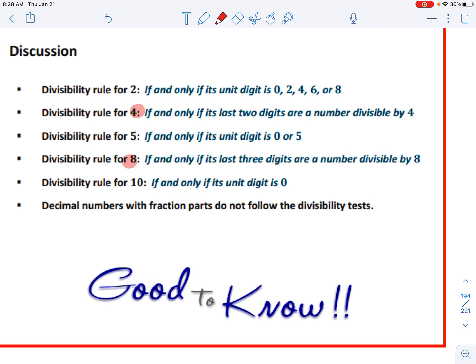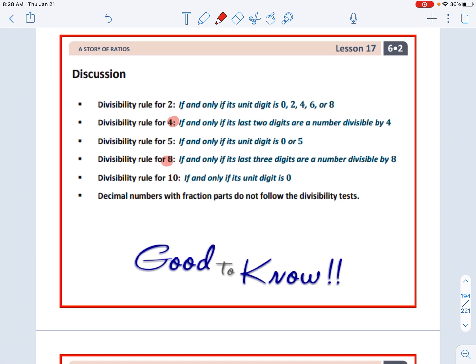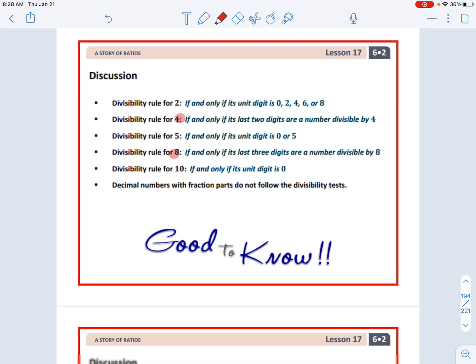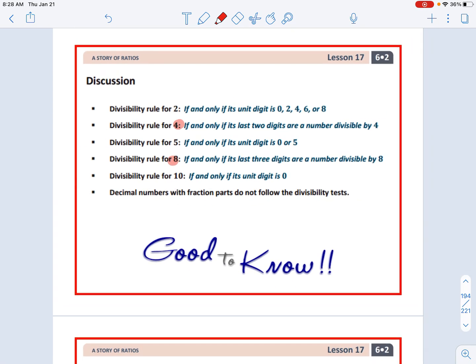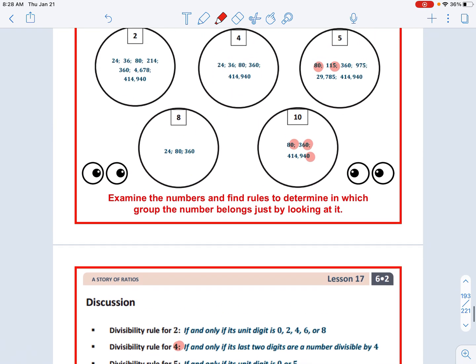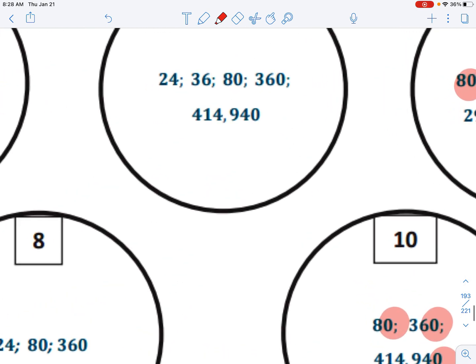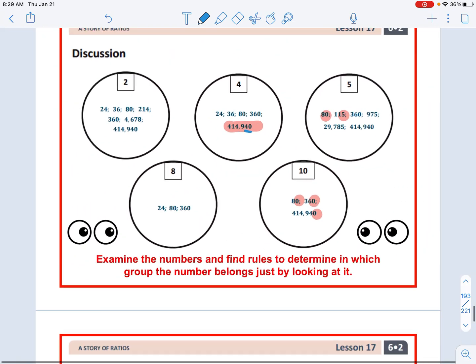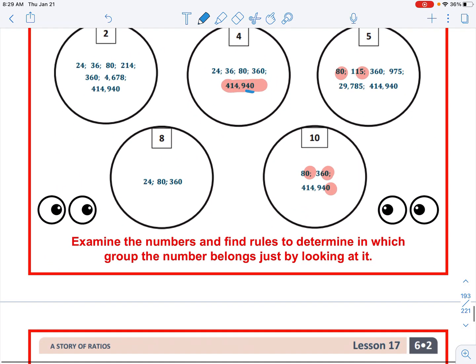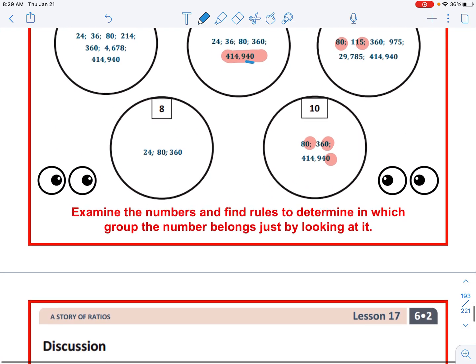That means for number 4, you have to look at the last 2 digits of a number. And if that number is divisible by 4, the whole number is divisible by 4. So looking at 414,940, the last 2 numbers are 40. That's telling me 4 can go into 40, which means it's divisible by 4.